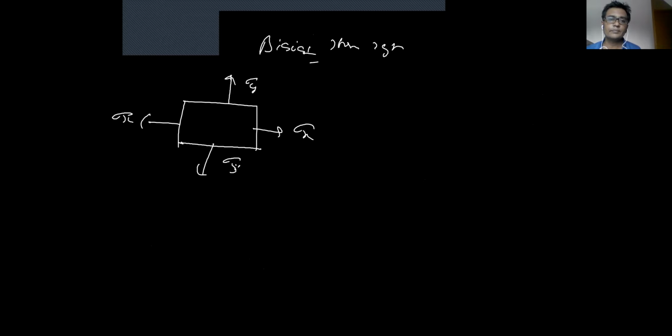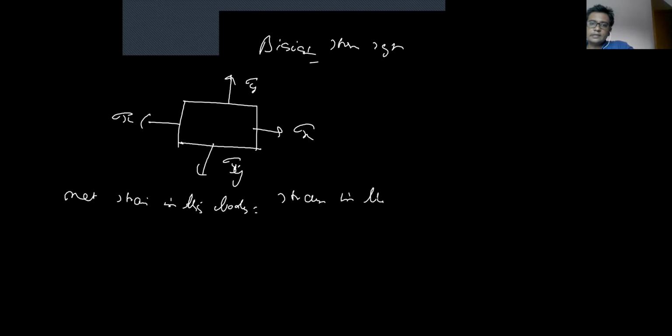Now if you want to find out the net strain in this block, net strain in this body, it means what? The strain in the direction of x plus strain in the direction of y.